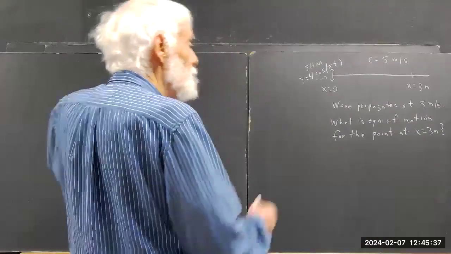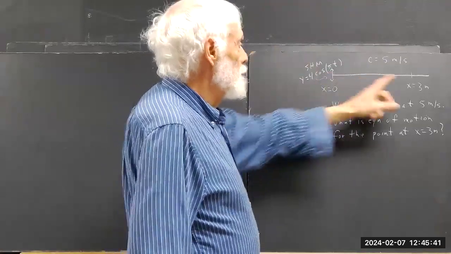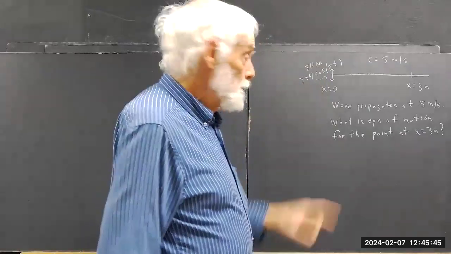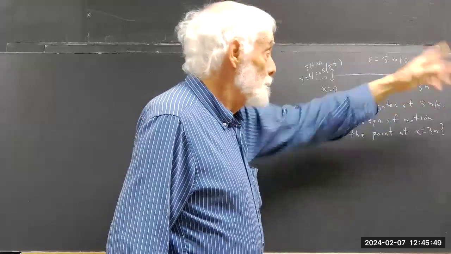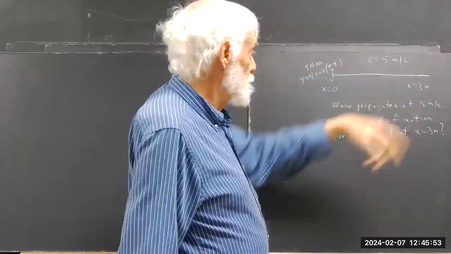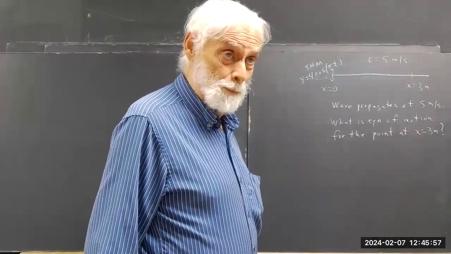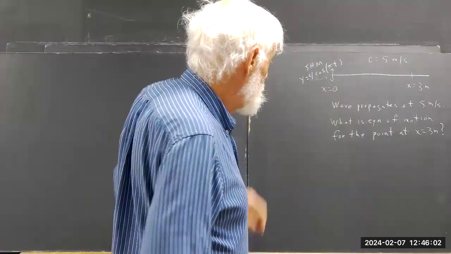Okay, so anyhow, a wave propagates at 5 meters per second, 3 meters down the way. What's the equation? Whatever happened at any point on this string, what happens here is going to happen later. That's the key concept. Okay.